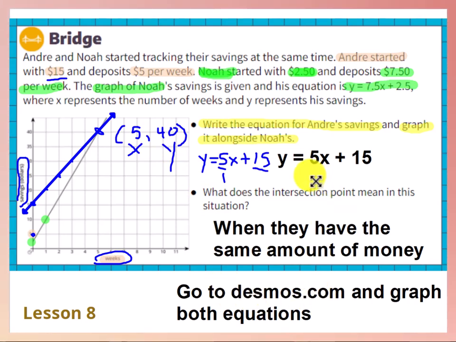Okay, so write this down in your book: y equals 5x plus 15. I'm writing it down so I can graph it. And Noah's is y equals 7.5x plus 2.5. All right, let's go over to Desmos.